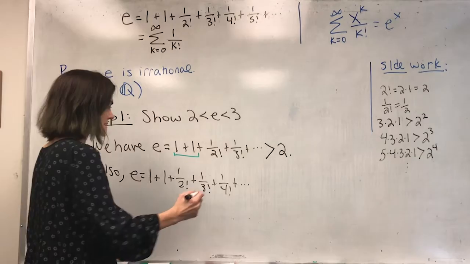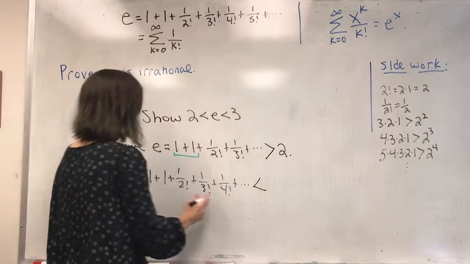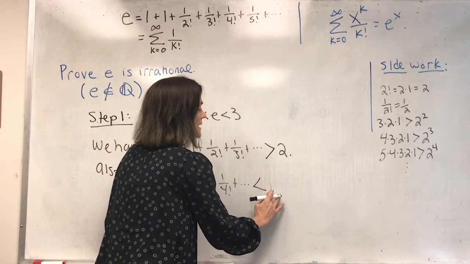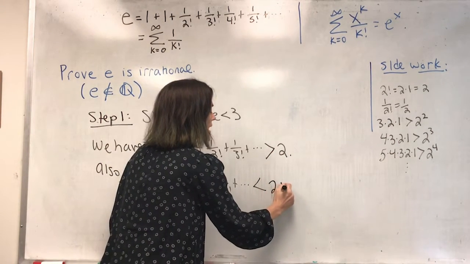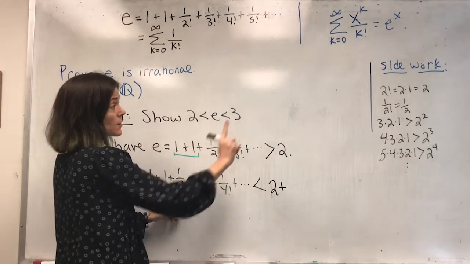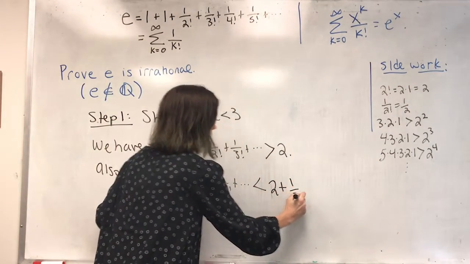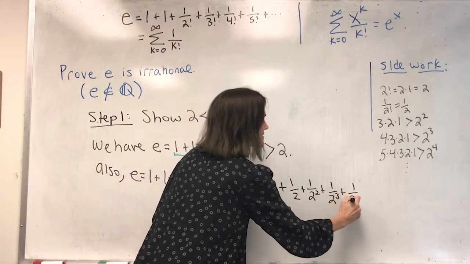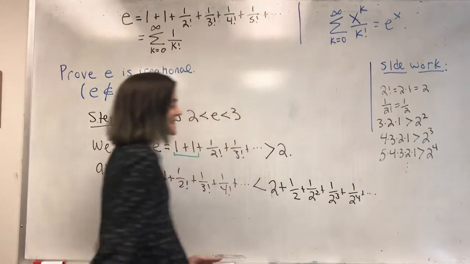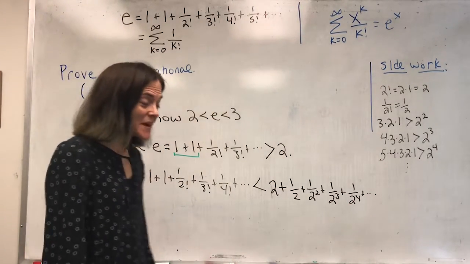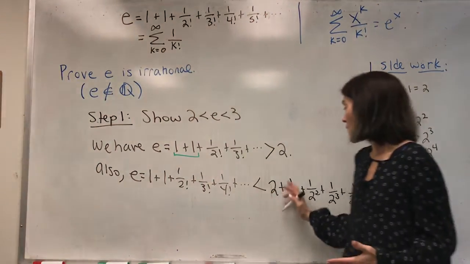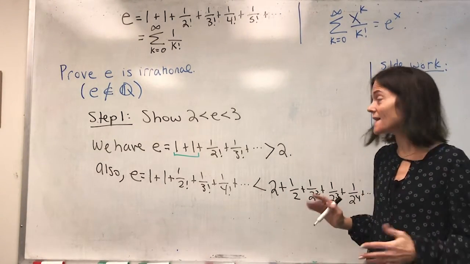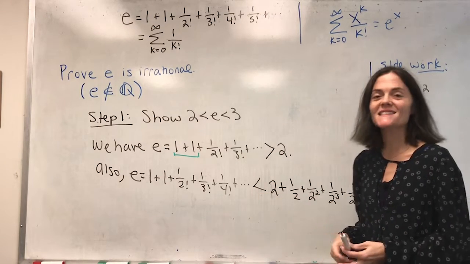So I can say that this is strictly less than 1 plus 1, which is 2, and then plus the 1/2. But then here's where the strictly less than comes, and the next term would be 1 over 2 to the 4th, things like this. I'm doing this because I would hope this whole thing is less than or equal to 1, and then I will get that e is strictly less than 3.